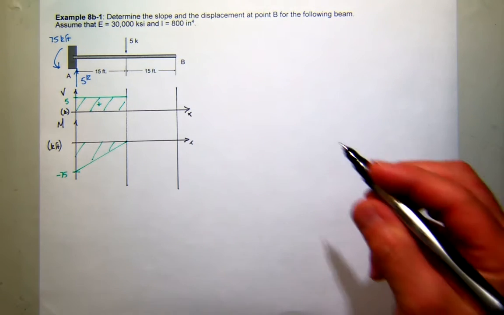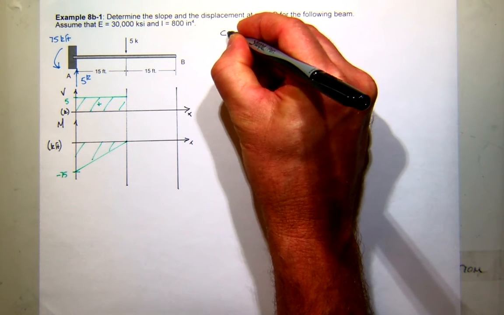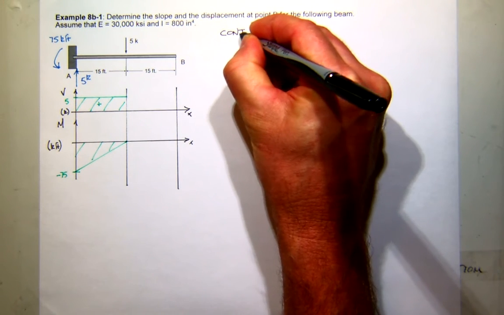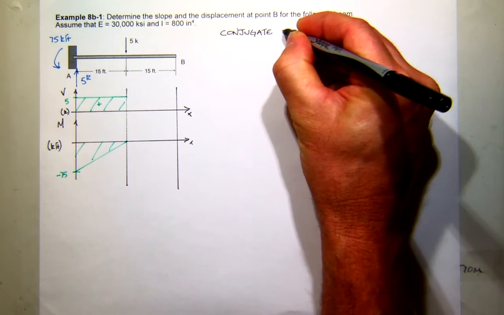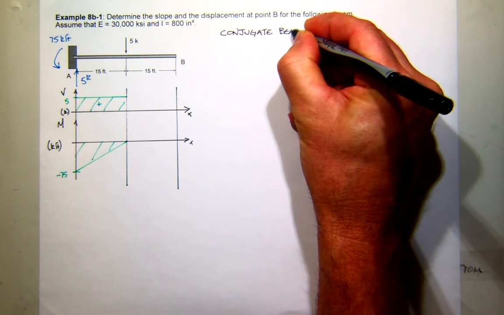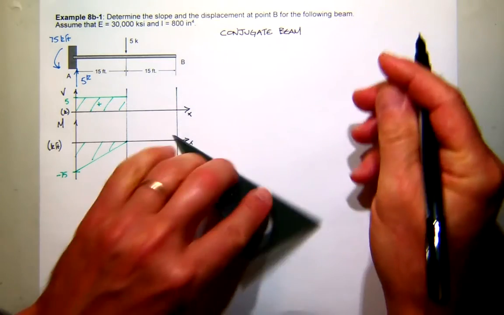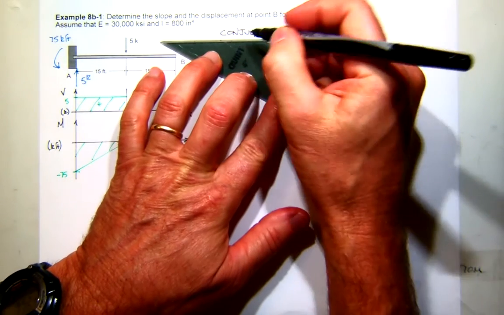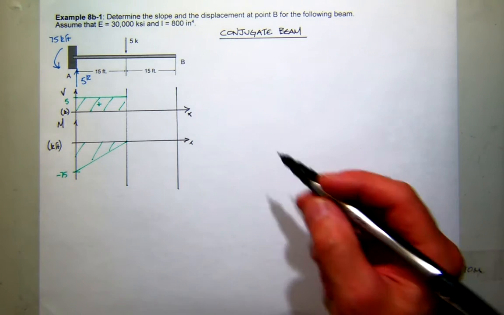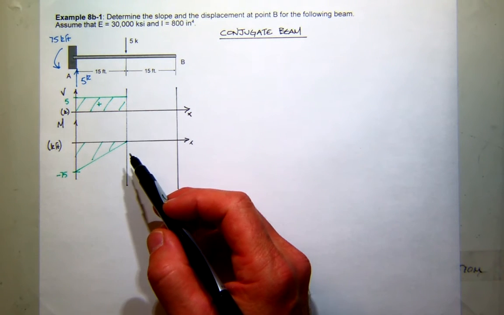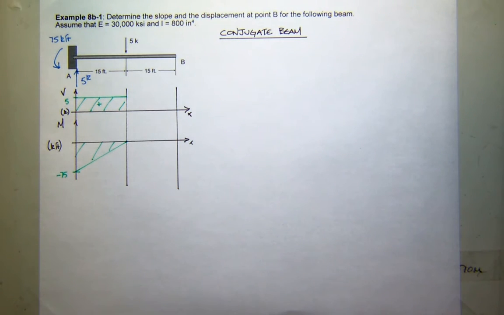So let's construct the conjugate beam. Remember, the first step in the conjugate beam is to define reactions and supports that model slope and displacement.